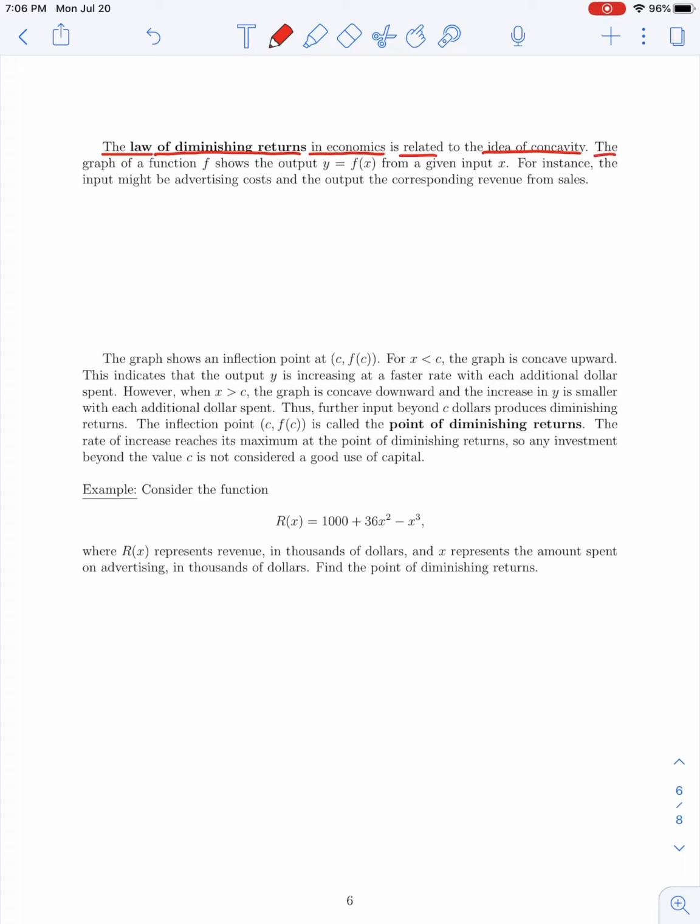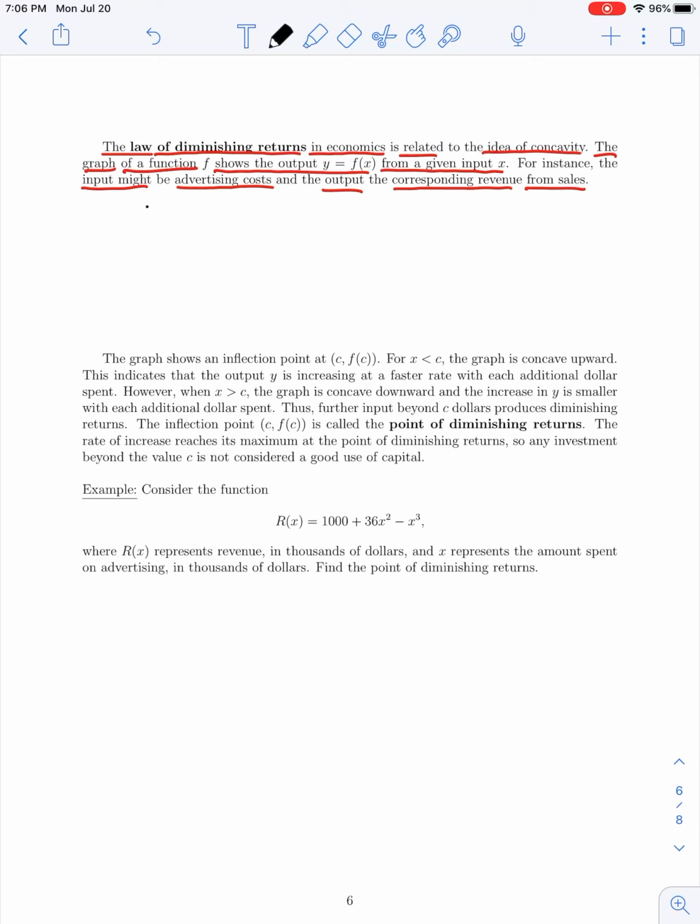So let's sketch below the graph of a function f showing the output of a function y equals f of x from a given input x. So for instance, something similar to maybe what we had in the last example, where our input could be advertising costs, that is how much we're spending on advertising, and the output would be the corresponding revenue from sales.